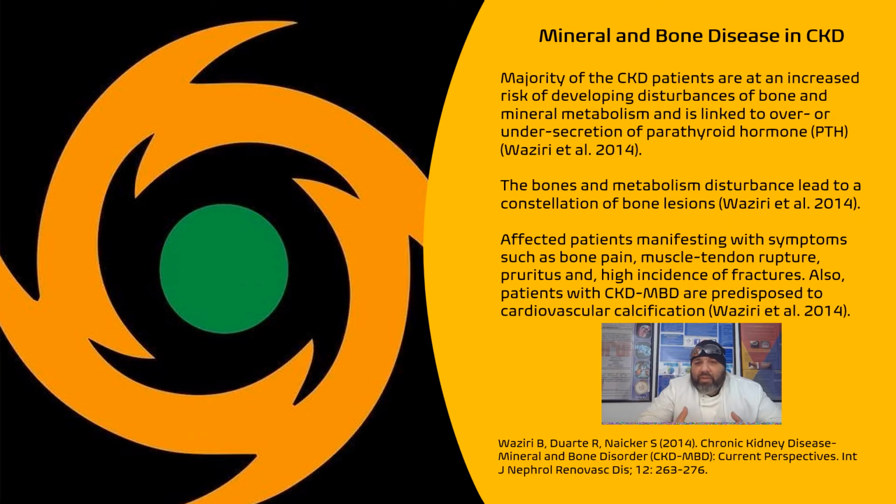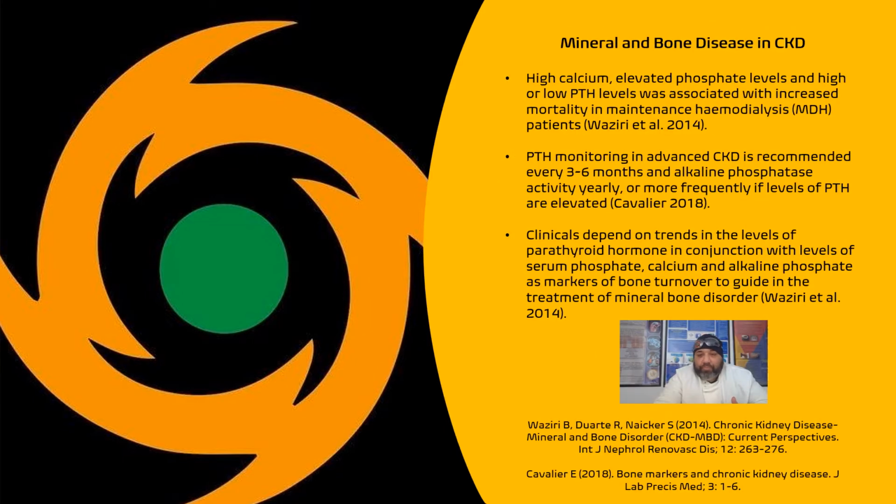I want to highlight a little bit around something that's referred to as mineral and bone disease in context of CKD. And generally the majority of CKD recipients are suspect or high risk of developing disease.